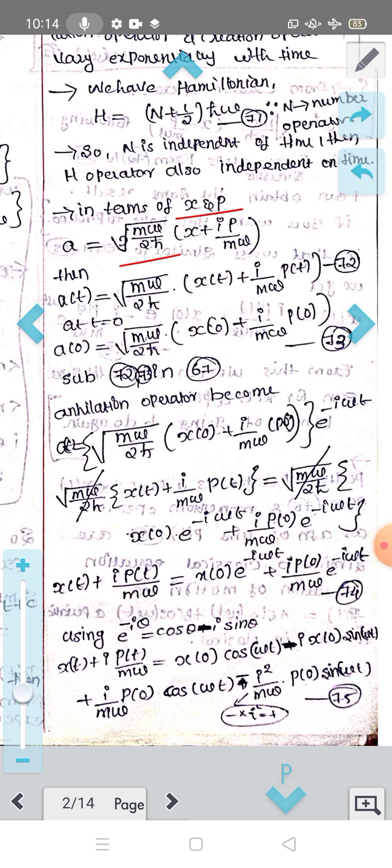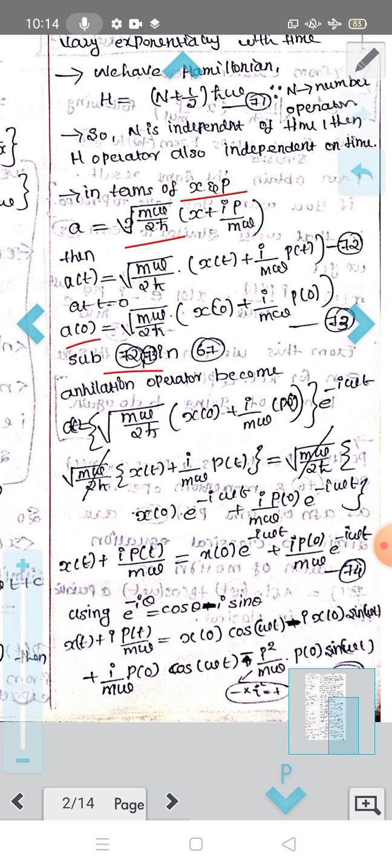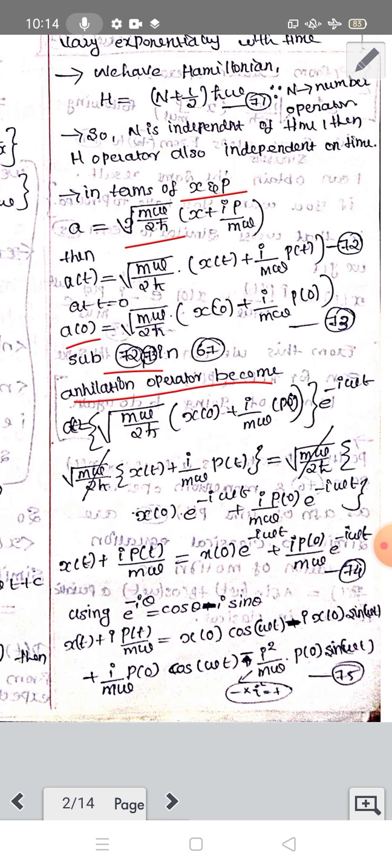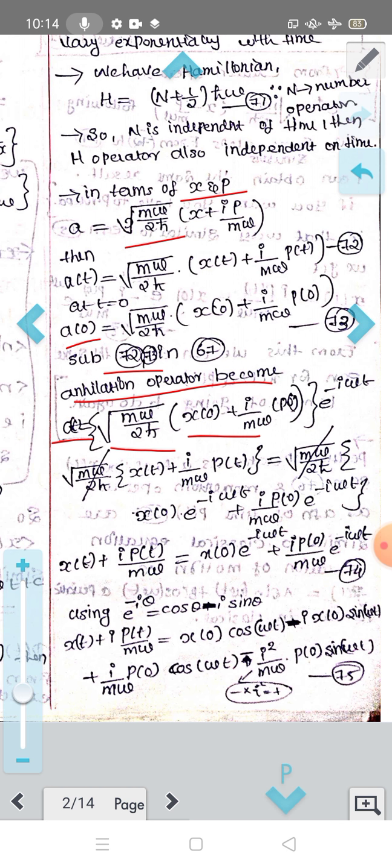Then at t equal to 0, what happens? A of 0 equal to root of m omega by 2h cut, x of 0 plus I by m omega p of 0. So substitute 72 and 73 in 67. We get the annihilation operator A of t equal to root of m omega by 2h cut, x of 0 plus I by m omega p of 0, into e raised to minus I omega t.